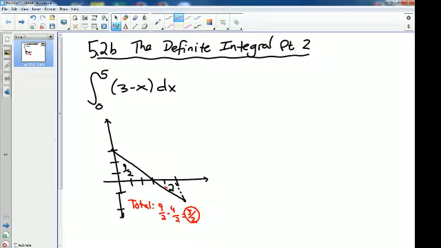In reality, what we should be saying is it's the area between the curve and the x-axis. If you really want to get specific. It's plus, so you add areas to get the total, right?